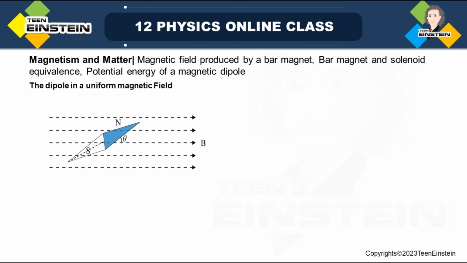Now, we have seen in case of an electric dipole, here you have a compass needle, as you know it has a north pole and south pole, so it will have a certain magnetic moment. If you place a magnetic moment in a uniform magnetic field, what do you know? It will experience a torque, called magnetic torque, given by M cross B. If B is the magnetic field, M is the magnetic dipole moment, in this case it will be M B sine theta.